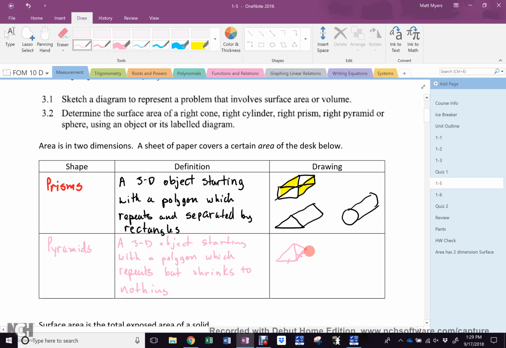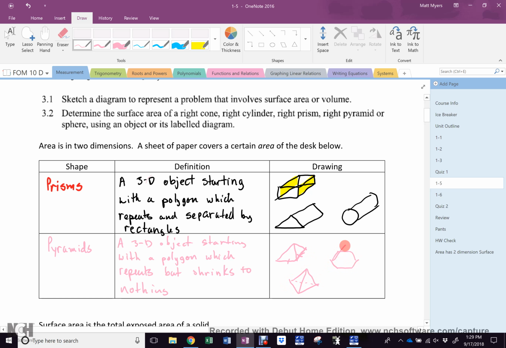Okay. Could I start with a triangle? And that triangle would repeat, wouldn't it? It would go up to a point. But it would be a triangle on the bottom. Could I start with a hexagon on the bottom?